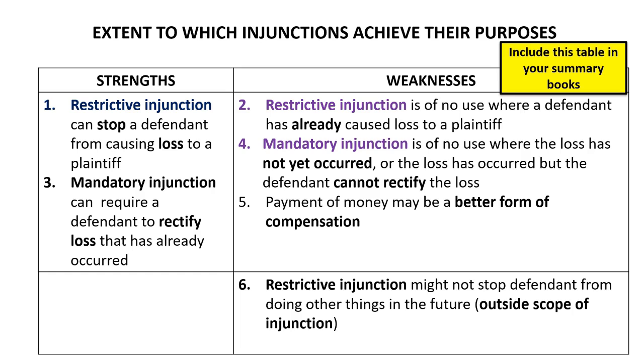The farmer will want a mandatory injunction that requires the factory to clean up the pollution that the factory has poured into the river. And the farmer will want a restrictive injunction that stops the factory from continuing to pour pollution into the river. This is a very good point to remember for a SAC or exam.